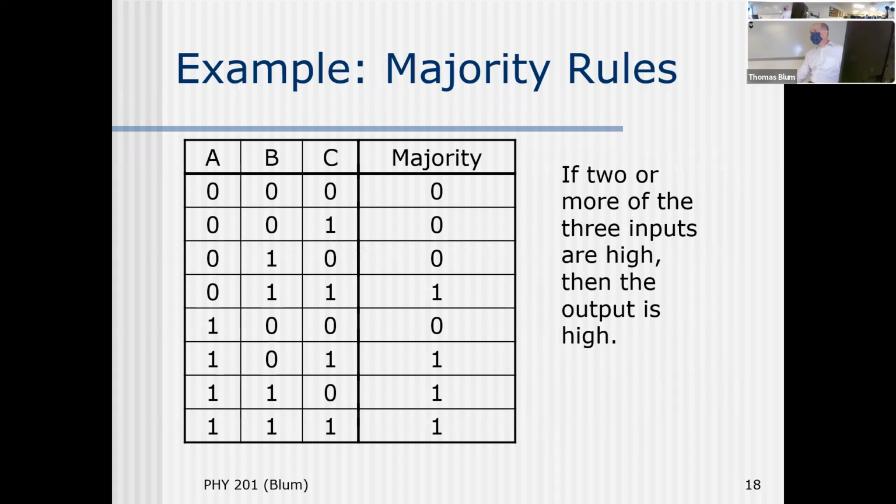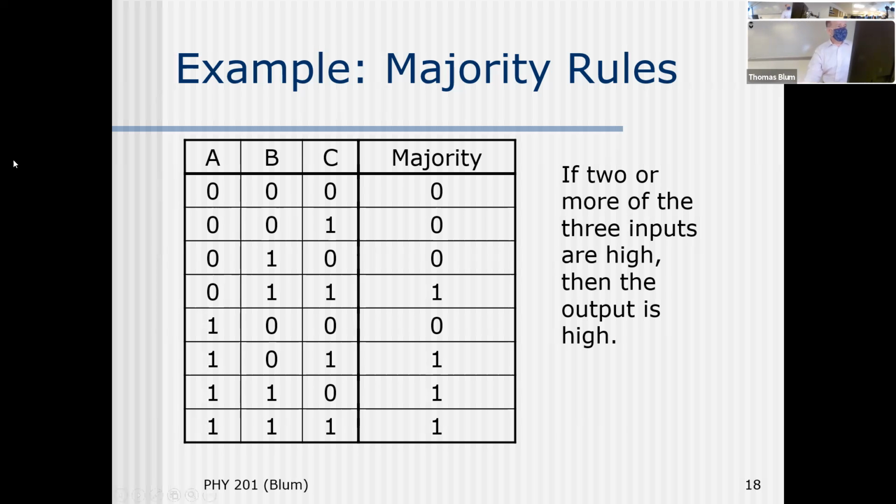Okay, so here's an example. And again, this is just an example of a possible scenario that you might want to build, and it's majority rules. So if I have 3 inputs, A, B, and C, I might want to say that if 2 or more are high, then I want to get out high, and otherwise I want to get out low.